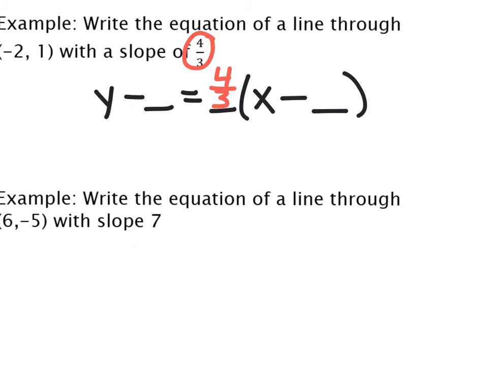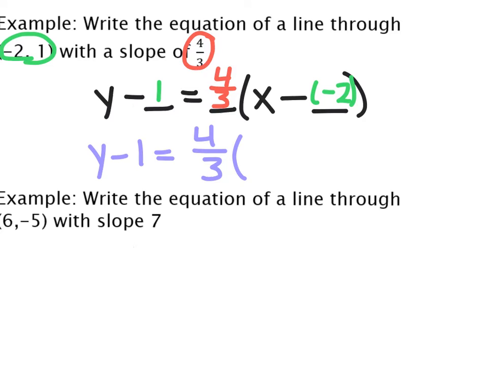So it's 4/3. And then of our coordinate, the y goes with the y. So I'm going to say it's y minus 1 and x minus negative 2. Now I can simplify this one step further to become y minus 1 equals 4/3, and subtracting a negative is the same thing as saying x plus 2.